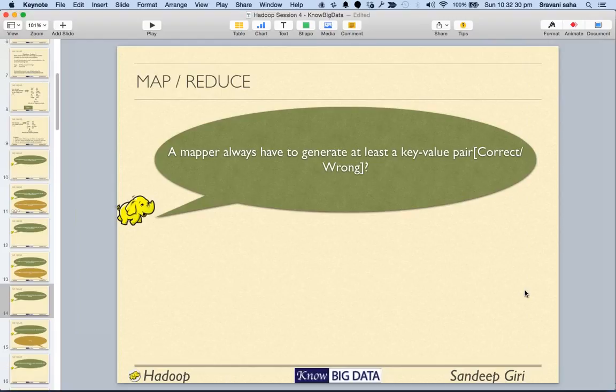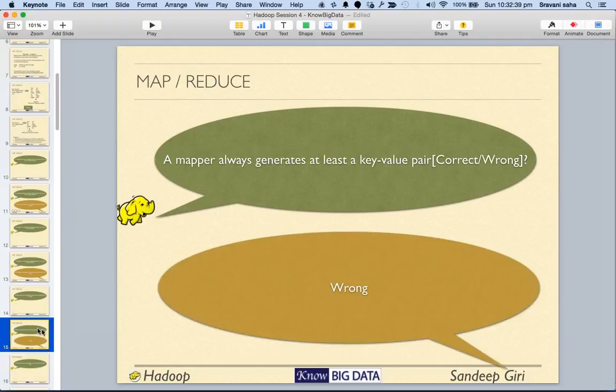The mapper always has to generate at least one key value pair, correct or wrong? Great, so wrong, brilliant. Almost everybody is agreeing. I'm moving to the next question.